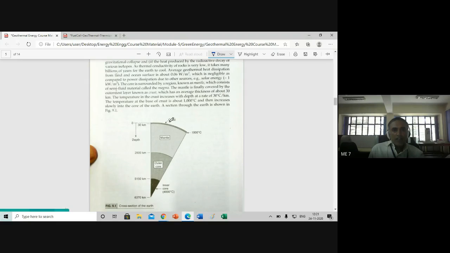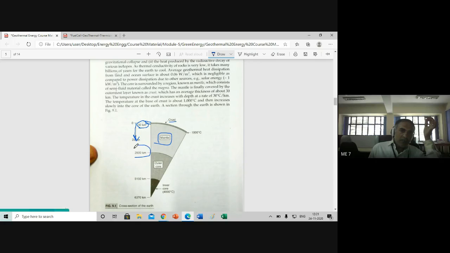Earth crust is here. This small distance is 30 kilometers. I hope you understood. And beyond that we are going deeper, where this portion is called the mantle.